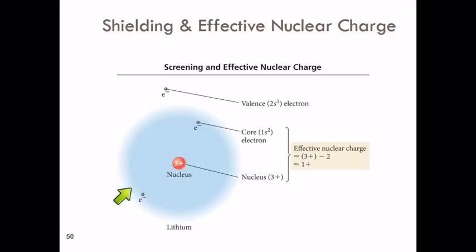There are 2 core electrons in the 1s orbital, which are closer to the nucleus, and they shield the 2s electron, the valence electron, from the charge. So this electron is really only seeing a +1 charge. The force of attraction, the potential energy in the attraction between oppositely charged things, depends on the charges. So if we take this from a 3+ and make it effectively only a 1+, it's not as attracted.